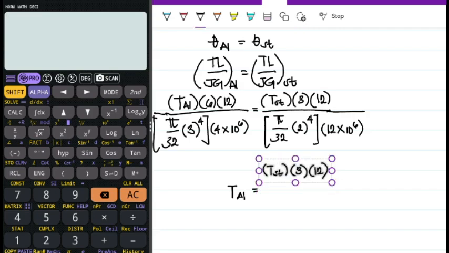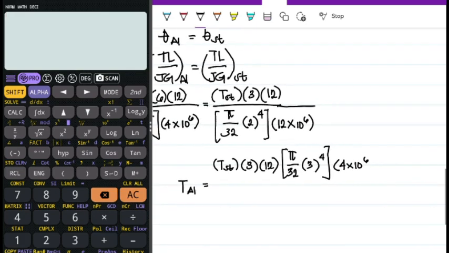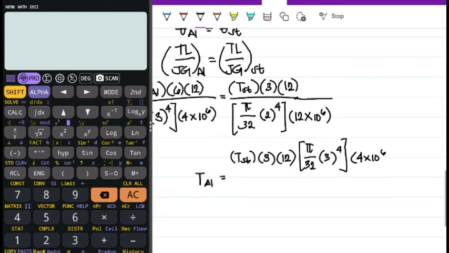You can always have it in terms of T_AL, or you can have it in terms of T_ST. For my case, since T_AL is already on the left hand side of the equation, I solve it in terms of T_ST rather. Okay, so we have T_ST times 3 times 12. Let me just transfer that.